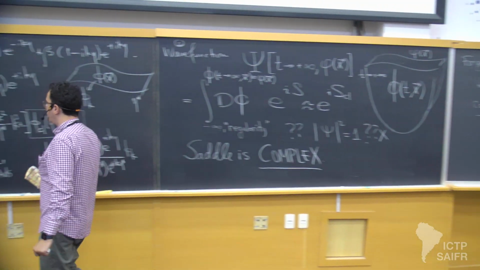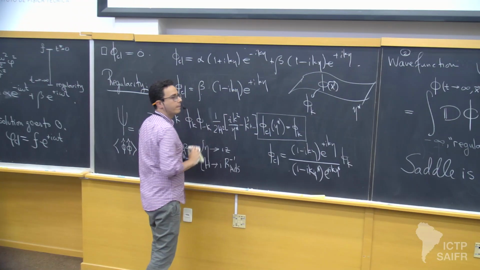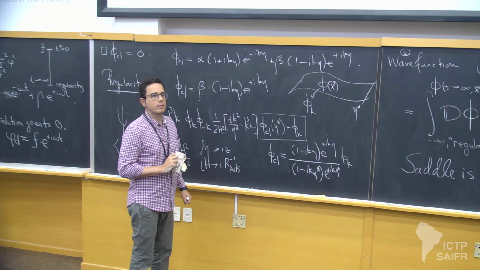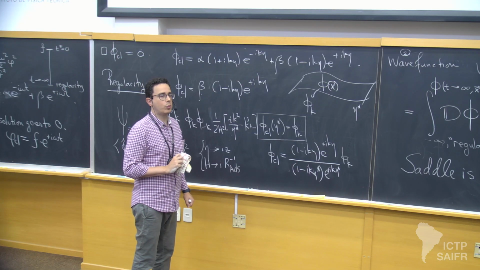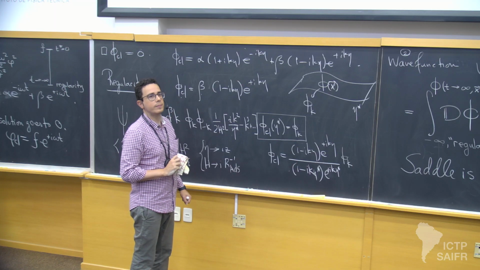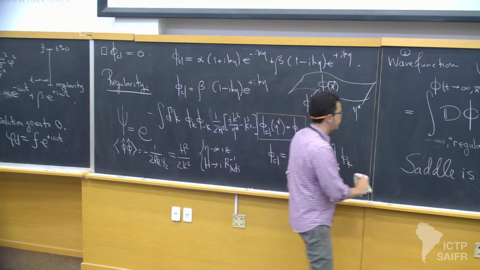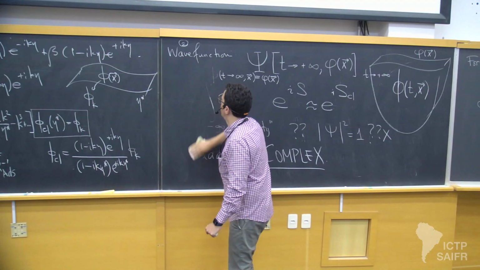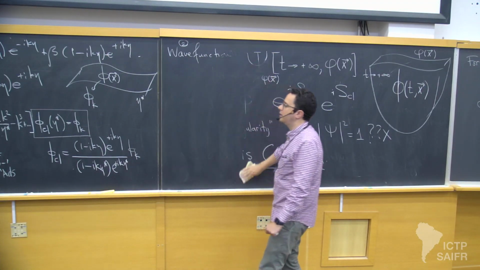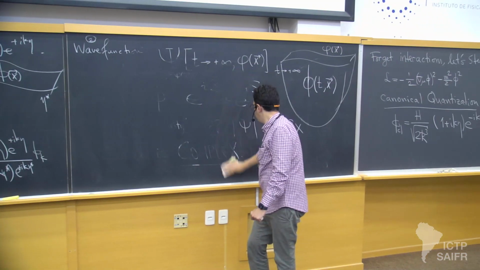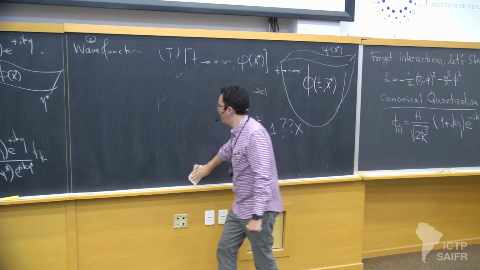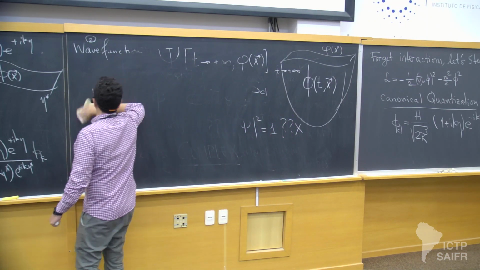Yeah, it doesn't continue. So when you take the mod squared, this drops. You need to remove it with a local counterterm. Okay, so you see the story is different. You take complex saddles, but then in the end you land in the same place.